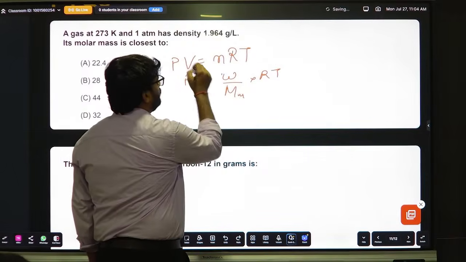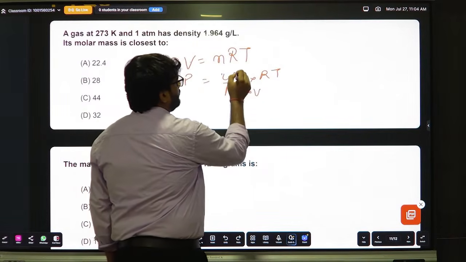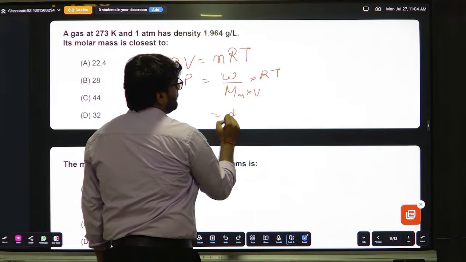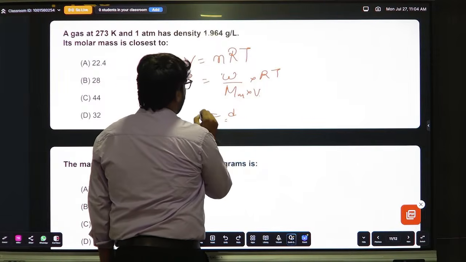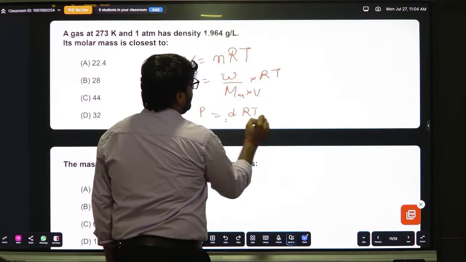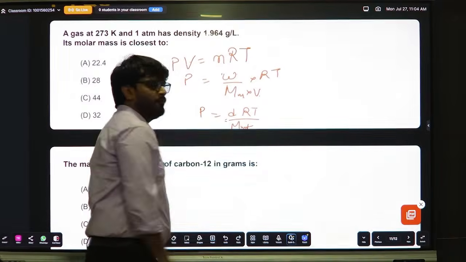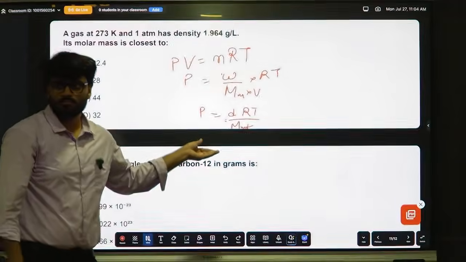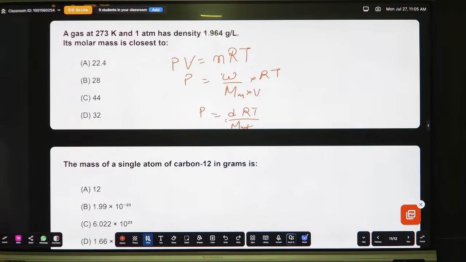Let's say I move the volume there. Mass by volume is what? Density. So pressure is equal to dRT by molecular weight. Got it? Use this equation. Find the molar mass.